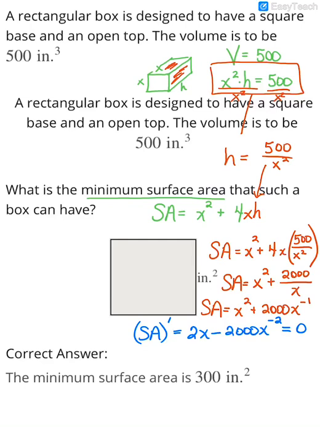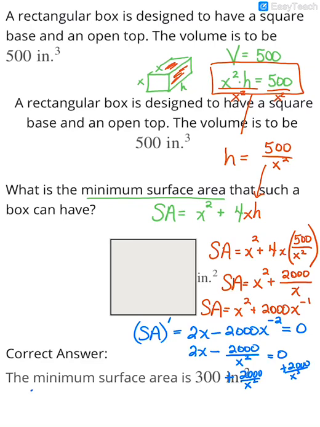And at this point, I think it's easier to go back into the other notation. So we get 2x minus 2,000 over x squared is equal to 0. So if we move this term to the other side by adding it, so I'm going to add the 2,000 over x squared to both sides.